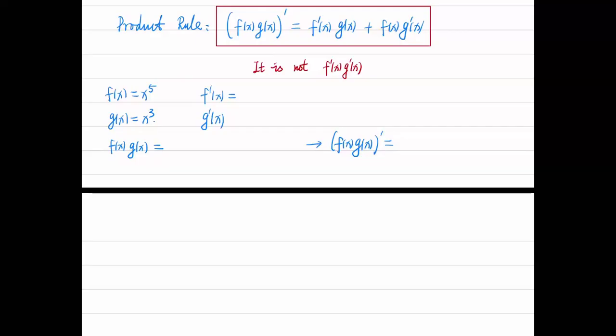Elisa, first one, derivative of f. 5x to the fourth. And Zichen, second one. x cubed. What's the derivative of x cubed?